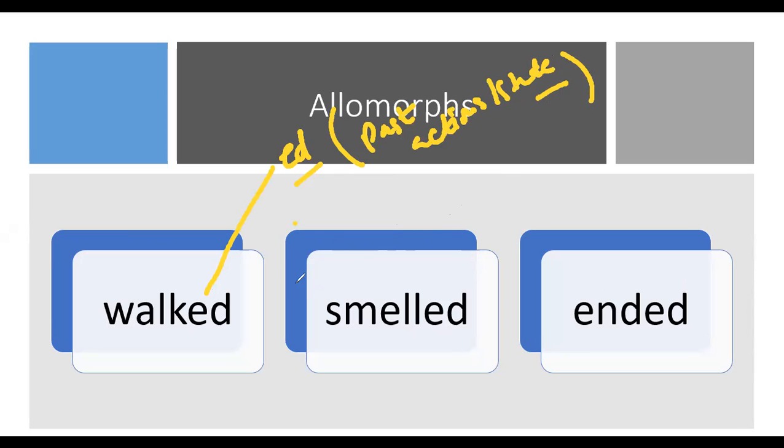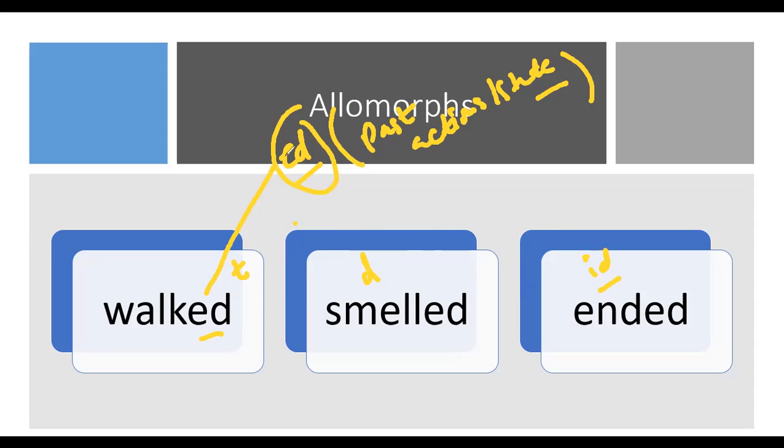But what you really need to note is how they are pronounced: "walked", "t"; "smelled", "d"; "ended", "id". So this inflectional morph has got three pronunciations or three sounds. This means this is an allomorph.